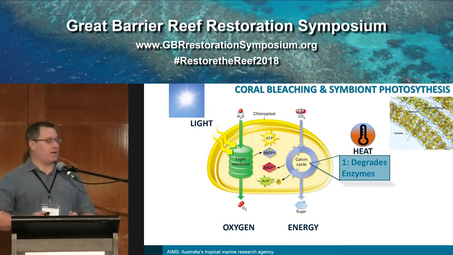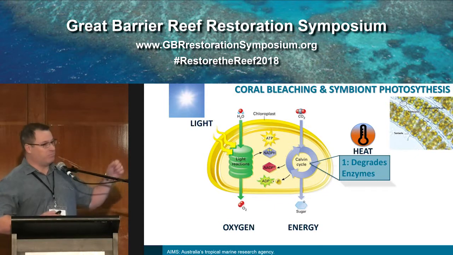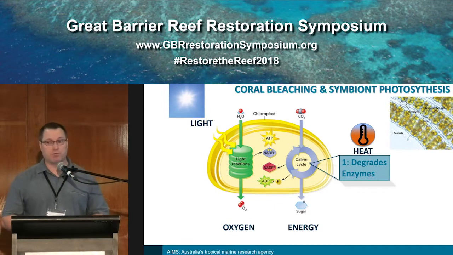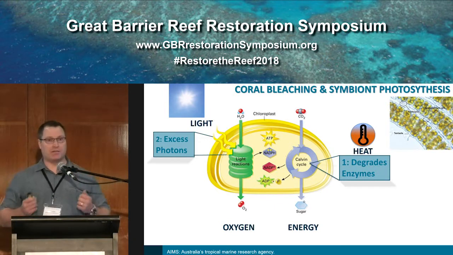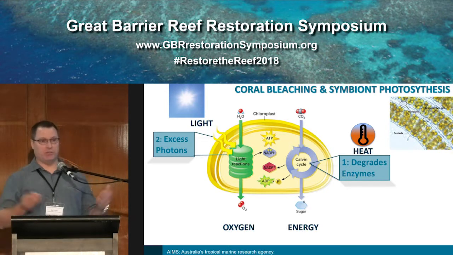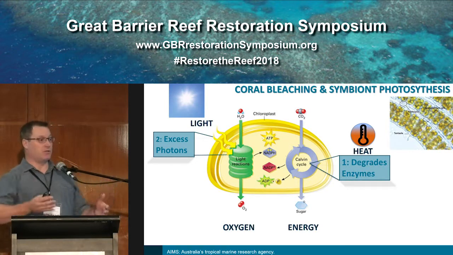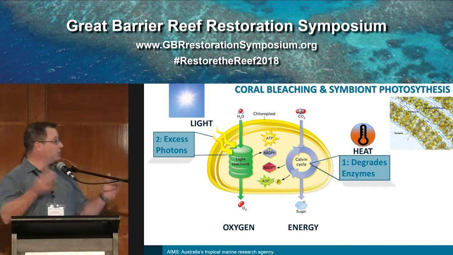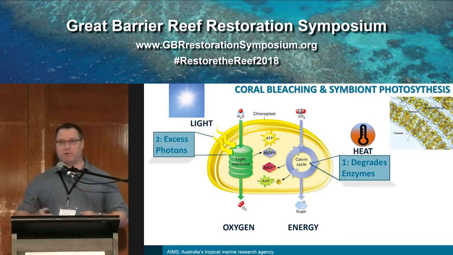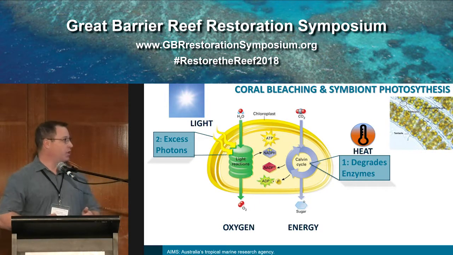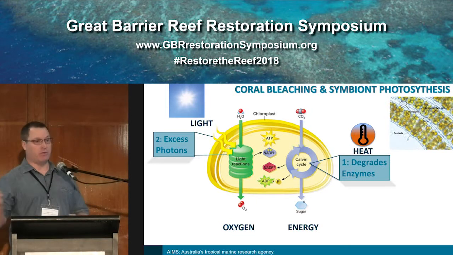What happens then is that, because of the disruption to the electron transport chain, we get an excess of photons, or light, building up. The chlorophylls are still harvesting the light that's hitting the tissues, but there's an excess of photons that now need to go somewhere, and they can't go where they're meant to go, which is the Calvin cycle.